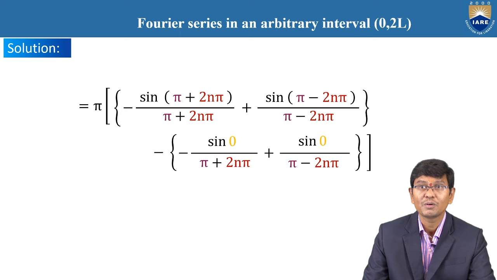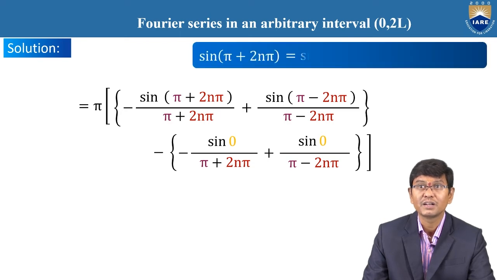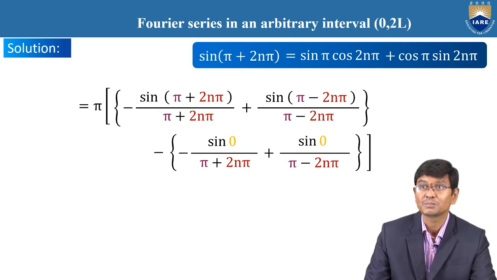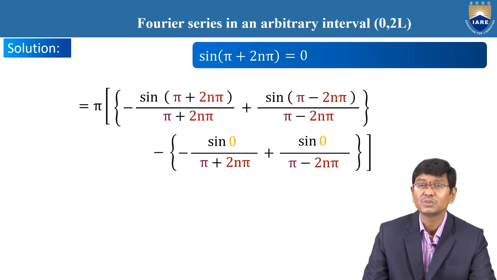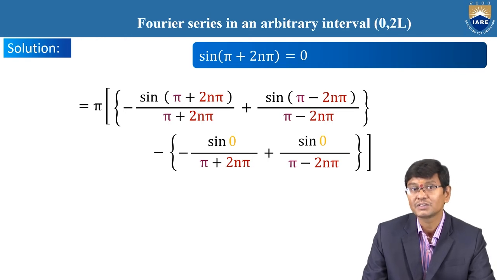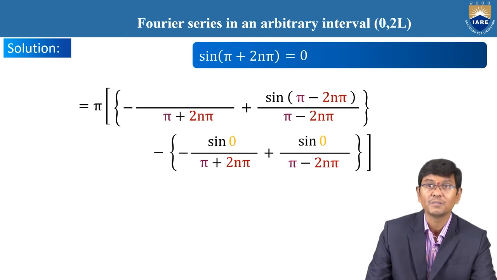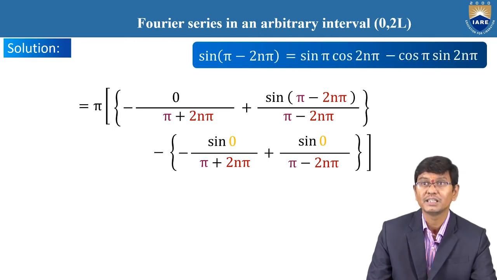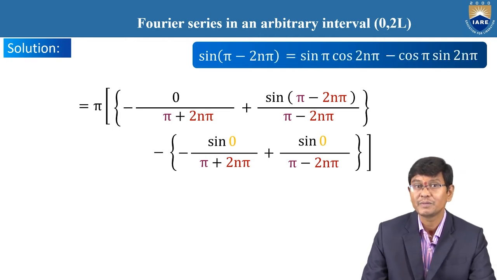Now we are going to observe here the numerator: sine of (pi plus 2n pi) is equal to sine pi into cos 2n pi plus cos pi into sine 2n pi. Using the values, for all n, sine pi is equal to 0, and similarly the first term is also 0. And for the second one, sine of (a minus b) is sine a cos b minus cos a sin b.